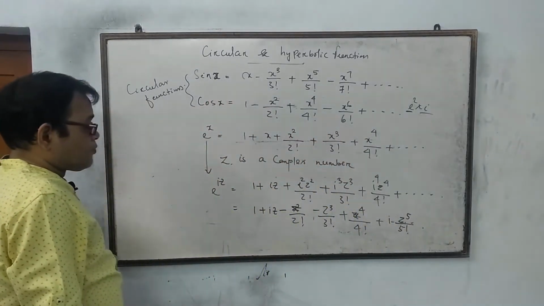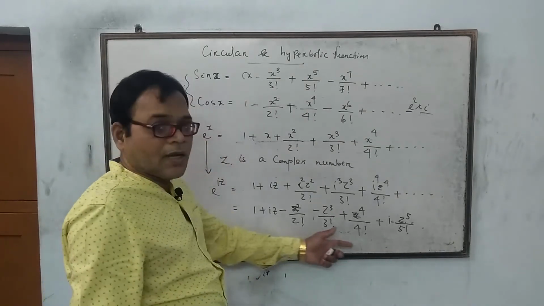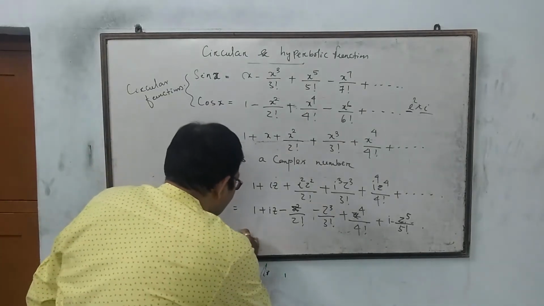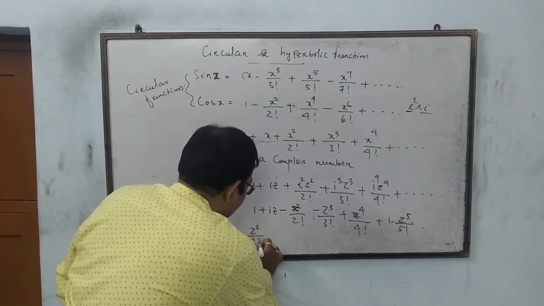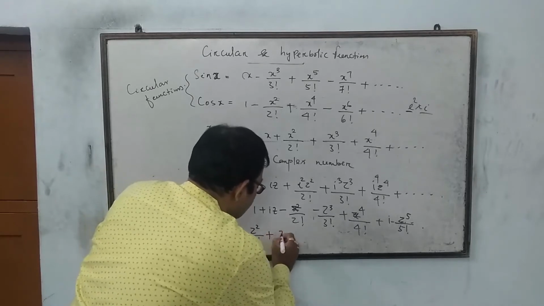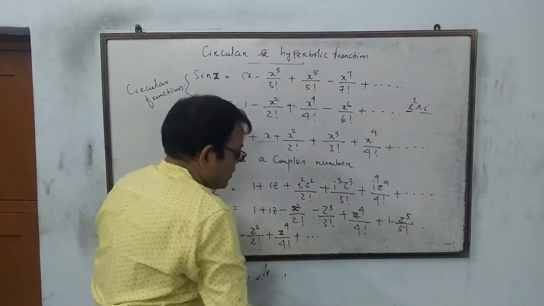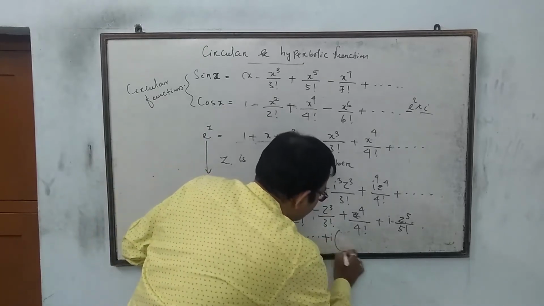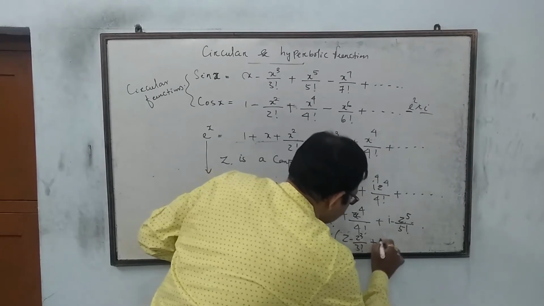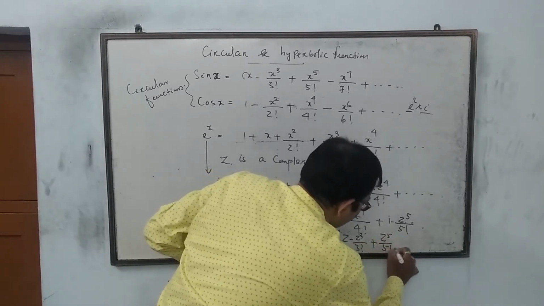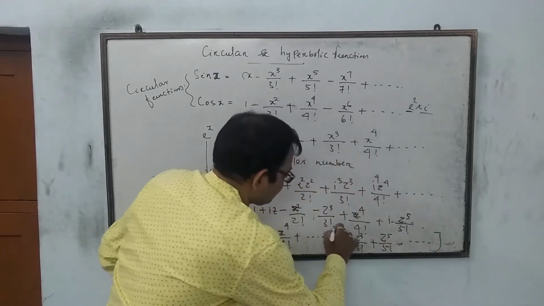If we collect the real parts, you will get 1 minus z square by 2 factorial plus z fourth by 4 factorial plus that, plus i into z minus z cube by 3 factorial plus z to the power 5 by 5 factorial minus, like this.